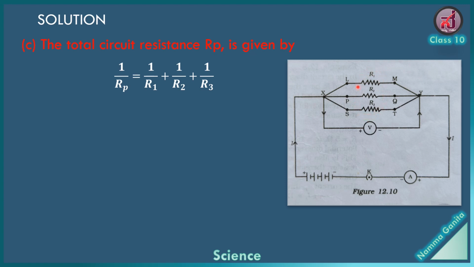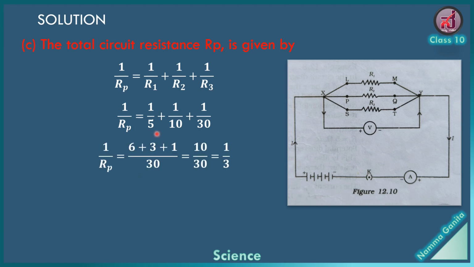Therefore, substitute the values. 1 by Rp is equal to 1 by 5, R1 is 5, plus 1 by 10, R2 is 10, plus 1 by 30, R3 is 30. Take the LCM of 5, 10 and 30.